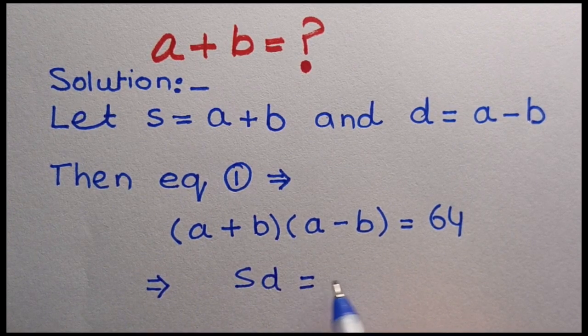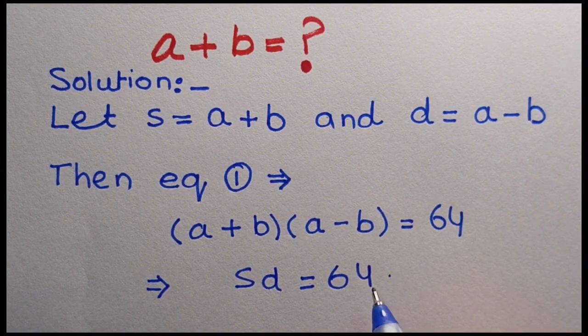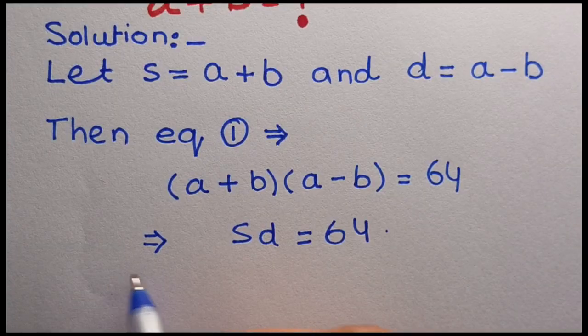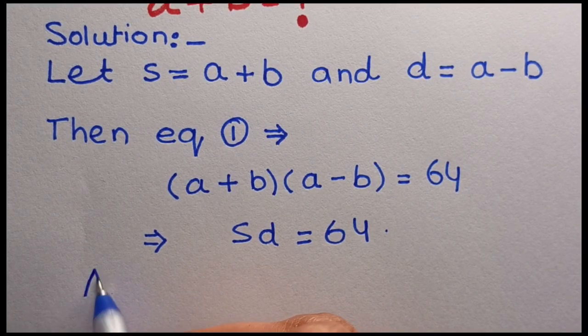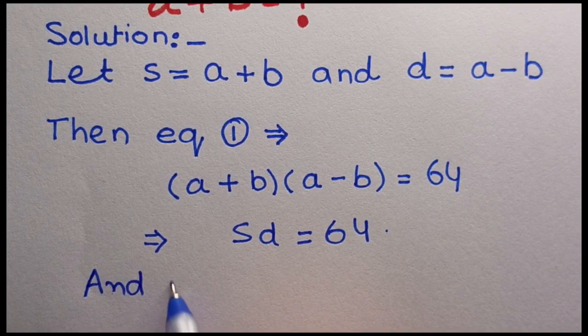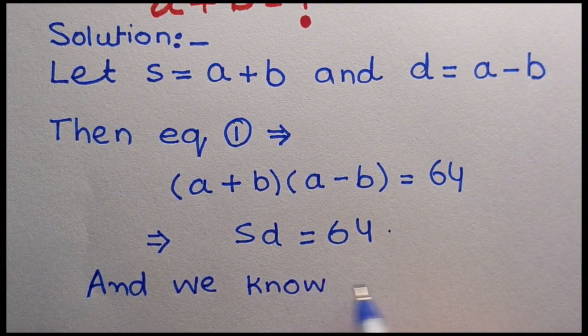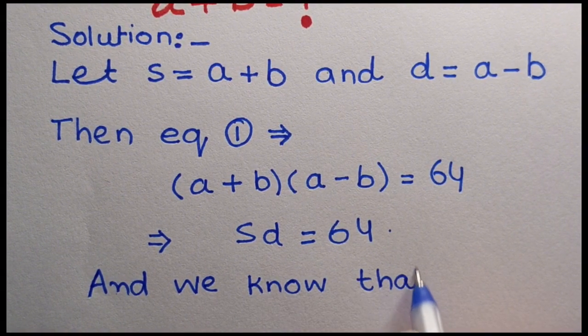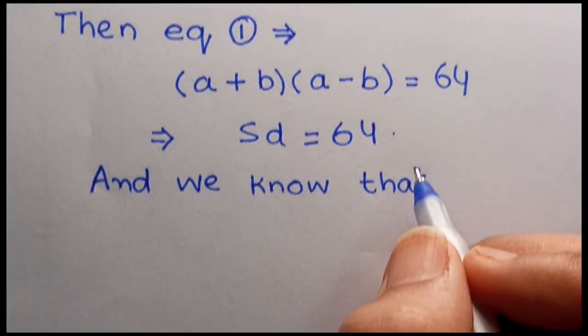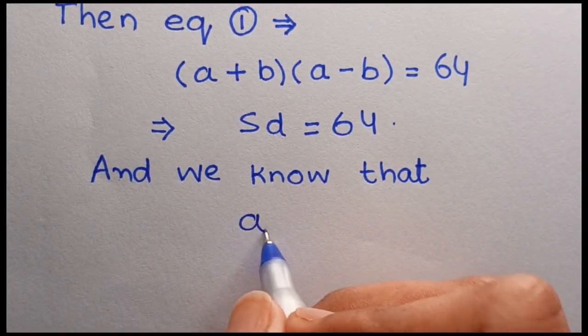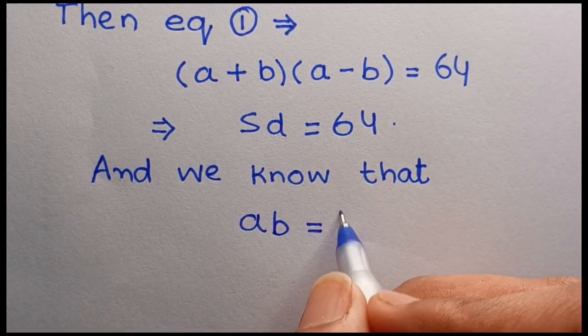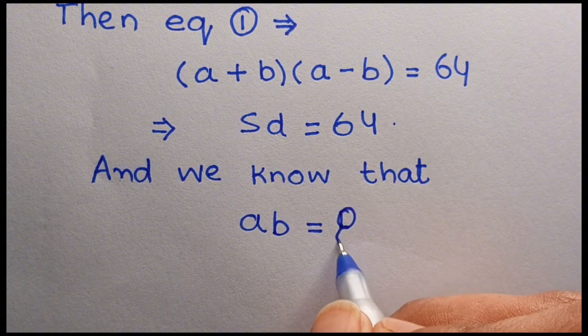So a plus b into a minus b is equal to 64. Now with the help of supposition, sd is equal to 64 because s is equal to a plus b and d is equal to a minus b, as we can see in our above operation. And we know that ab is equal to 8.